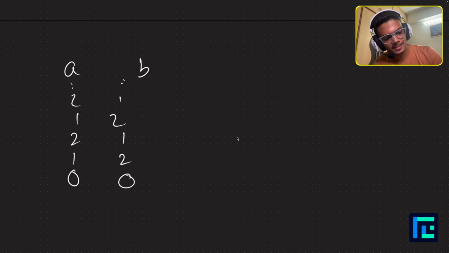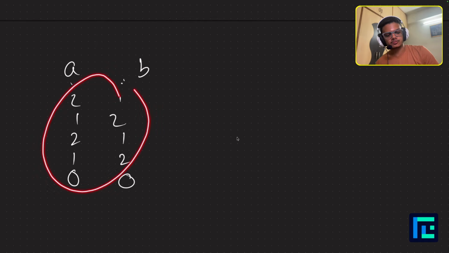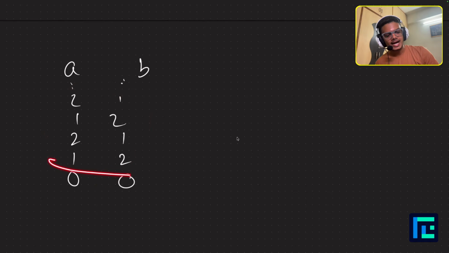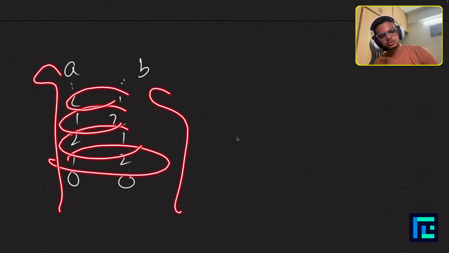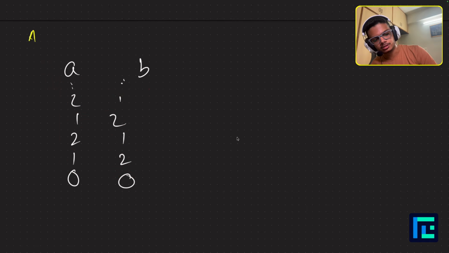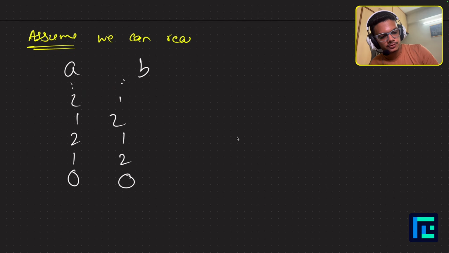By applying some number of 1 2s and 2 1s, that is, add 1 2, add 2 1, add 1 2, add 2 1, you will be able to reach A, B. So we are assuming that we can reach A, B from 0, 0.